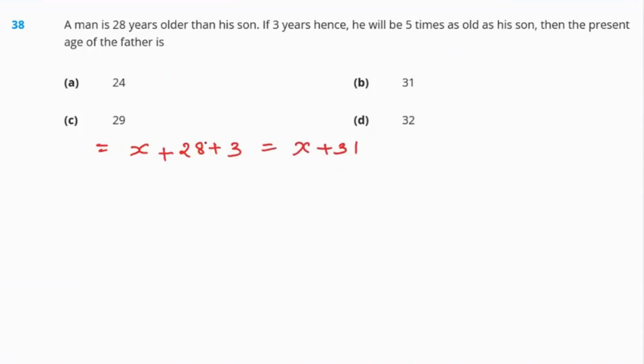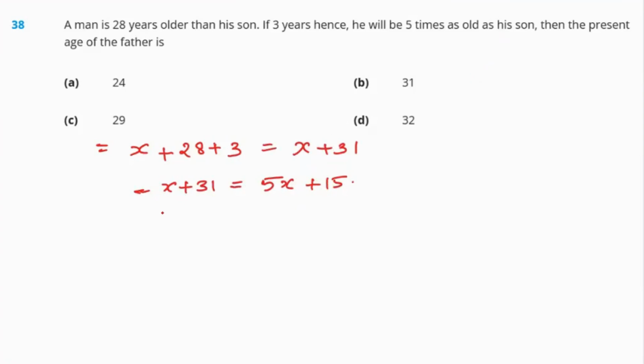After 3 years he will become 5 times as old as his son, so I can write x plus 31 is equal to 5 times the son's age after 3 years, that is 5x plus 15.